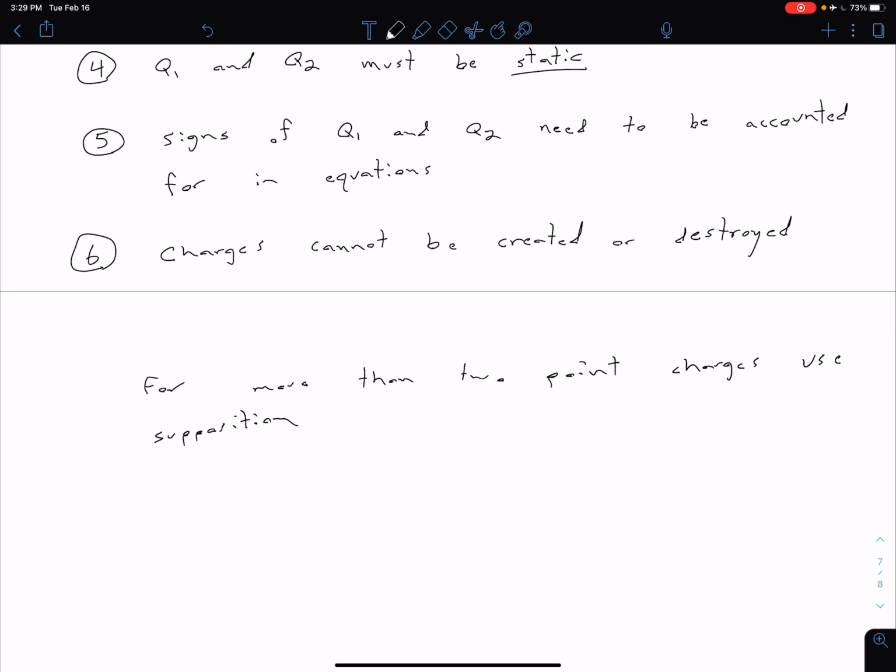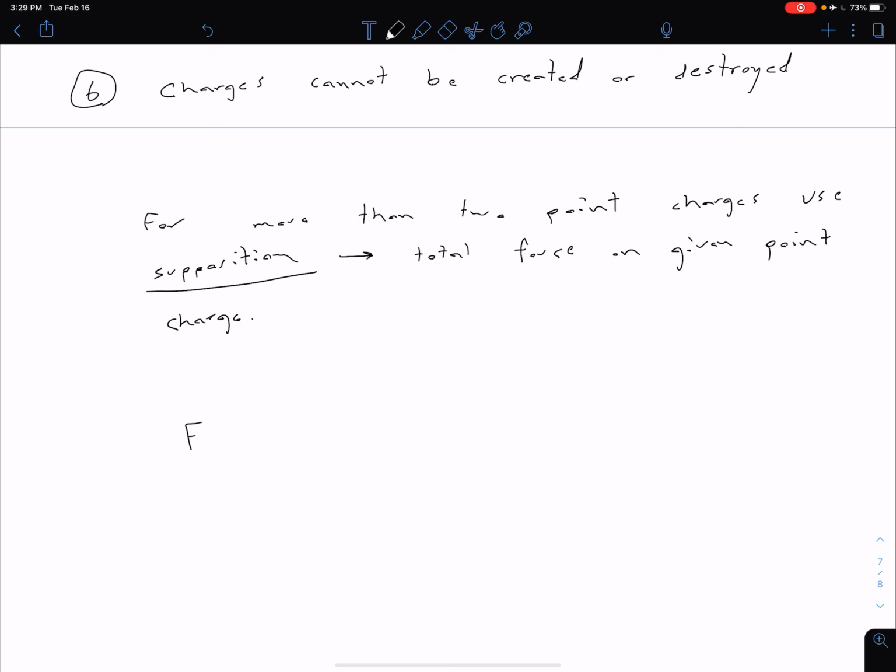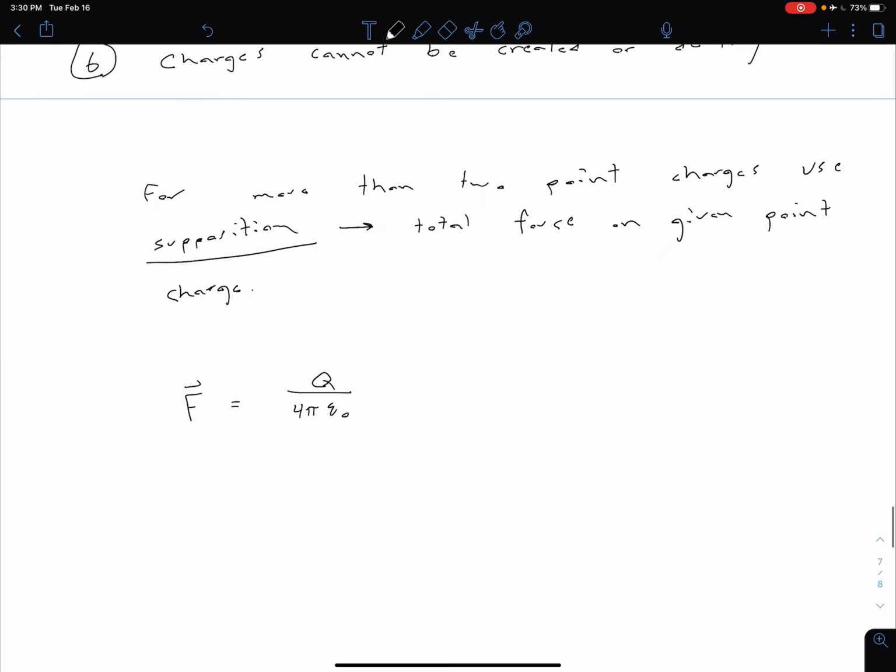For more than 2 point charges, we're using superposition, and what that gives us is the total force on a given point charge. So it doesn't tell us the total force in the system, just on one particular point charge. Let's say we want to know the force on some point charge. That's going to be equal to Q, the charge of the point charge of interest, divided by 4 pi epsilon naught, which is our proportionality factor K, and then we're going to have a summation.